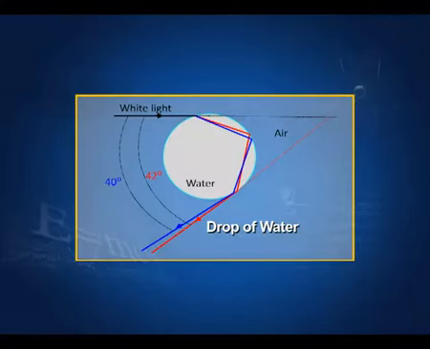So, here again the same drop, we have got white light which goes inside, gets broken into different colors. I have shown the extreme ones, the blue and the red, and this is the angle of minimum deviation. This is the incident ray, this is the emergent ray after reflection through the water, and you can see this angle is about 42 degrees for red and 40 degrees for blue.